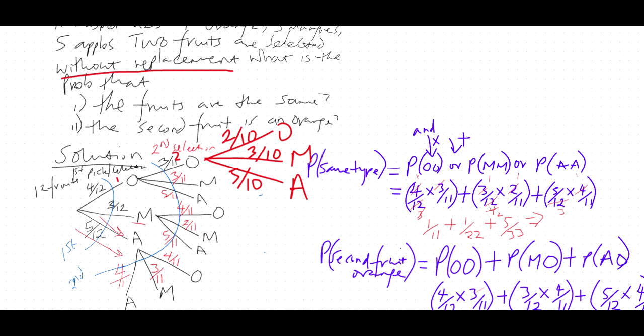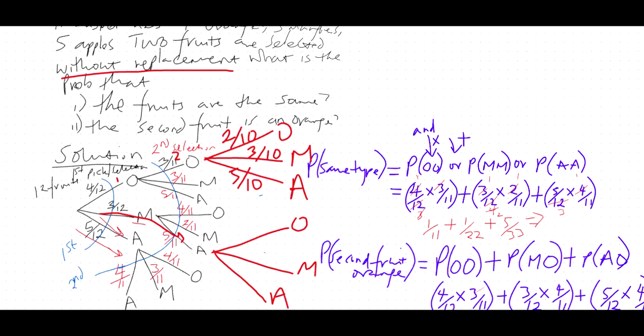Okay? And you can do that for any instance there. Okay? So I've just followed this route here. So orange, mango, apple. So if the first one is a mango and the second one is an apple, okay, so to pick an orange, it means that I've not picked any orange so far.